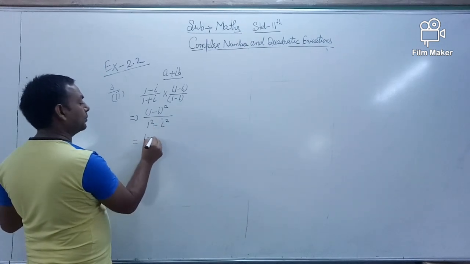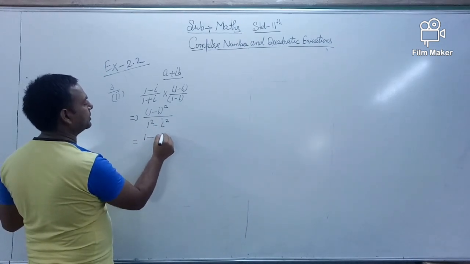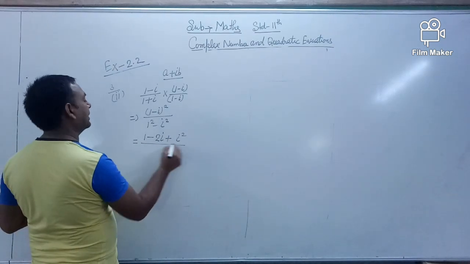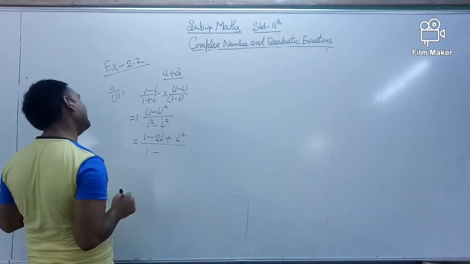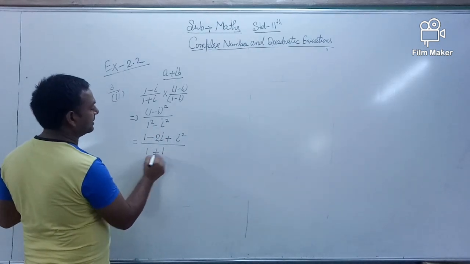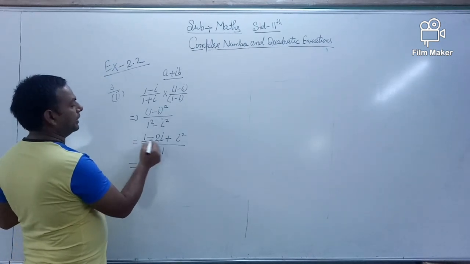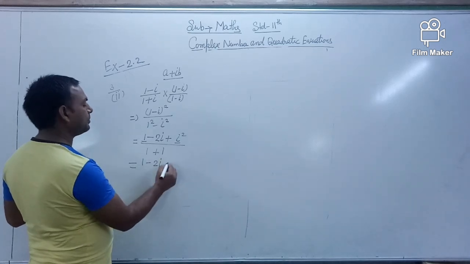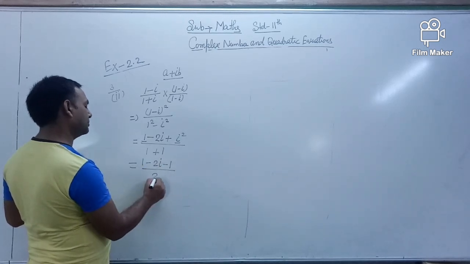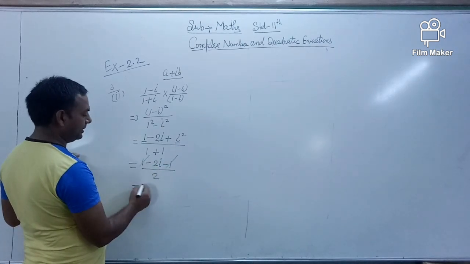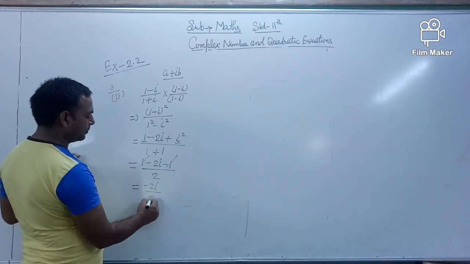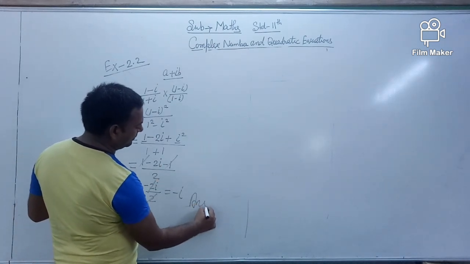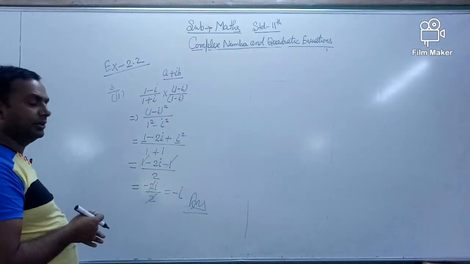Then 1 minus 2i plus i square, and divided by 1 minus i square. i square is equal to minus 1, so minus minus plus 1, that is equal to 1 plus 1. So it is 1 minus 2i minus 1 divided by 2. So 1 is cancelled by 1, this is minus 2i upon 2, that is also cancelled, that is minus i. So this is the form of a plus ib.